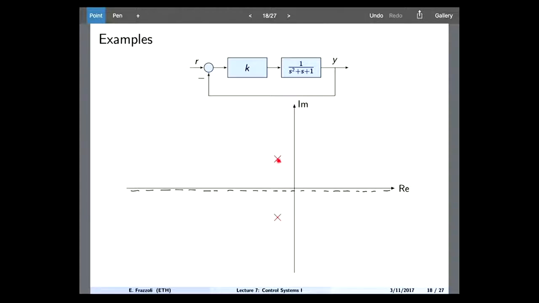As k gets larger, we know that they will never go to the real axis, right? But as k goes to infinity, where do they go? 180 divided by 2. So they go to plus 90 and negative 90. Okay, so I know that my poles will do something like that.